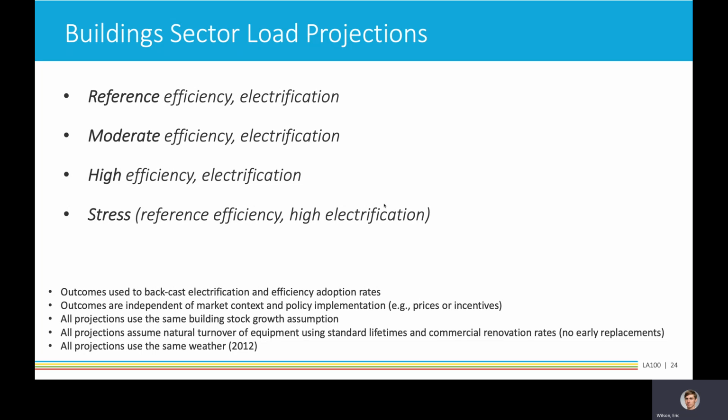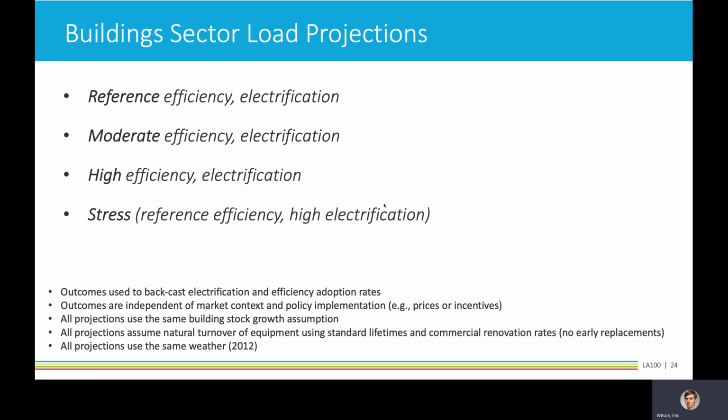So to summarize, for the building sector, we looked at 4 different scenarios. One was a reference level of energy efficiency and electrification. Second was a moderate level of energy efficiency and electrification.